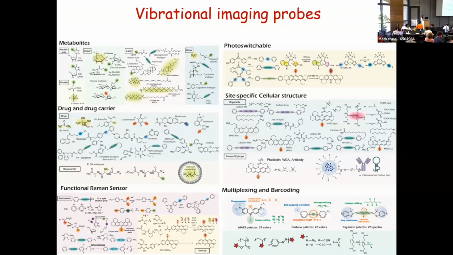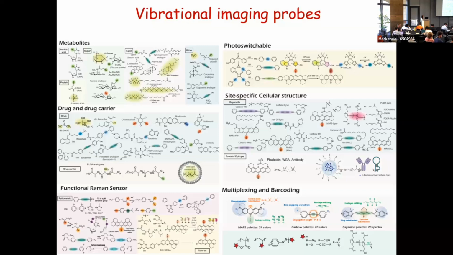So by introducing Raman tags, you can do a tag as small as isotopic atoms. That way, you can introduce this tag into small molecules without perturbing their biological functions too much, with minimal perturbations.